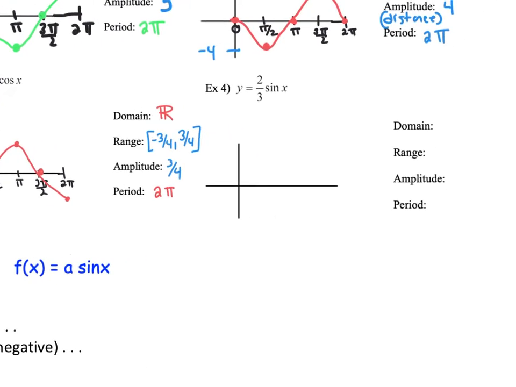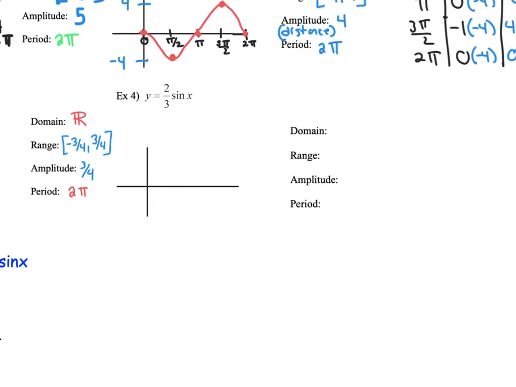Okay, final example here, we're back to another sine graph. You'll notice that the a value is a positive 2/3. That's my amplitude as well as my range. And again, I can put both of those on my graph right away. My critical values, 0, pi over 2, pi, 3 pi over 2, and 2 pi.